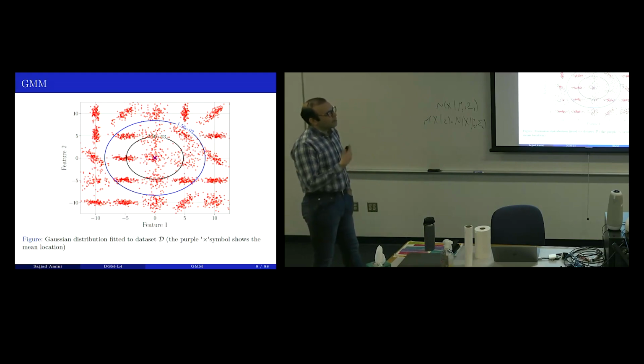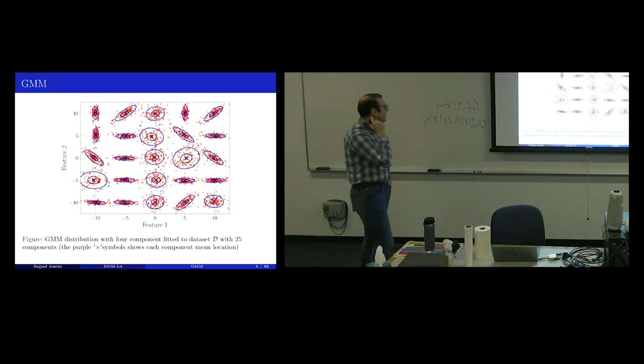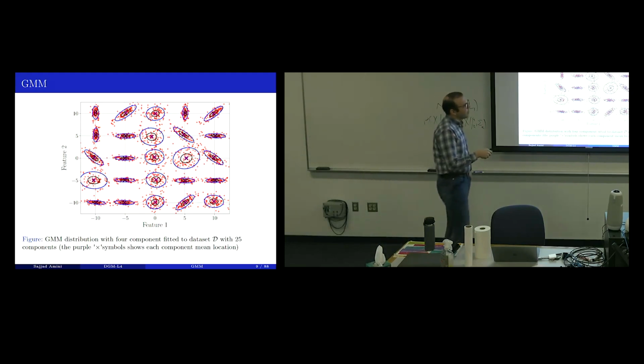But if I can use a similar approach like GMM, then we can have this distribution, and it is nothing except a GMM with 25 components. The previous one was 3 components.